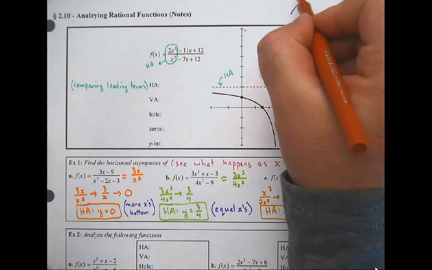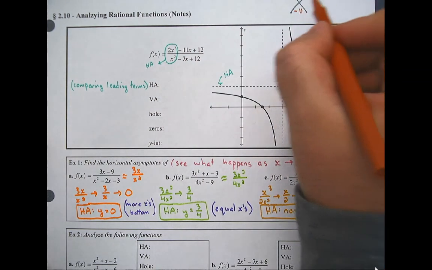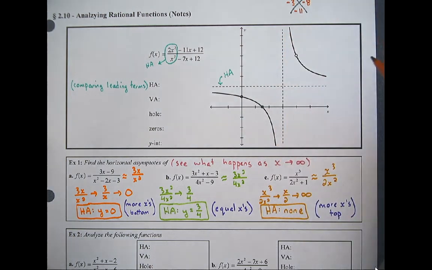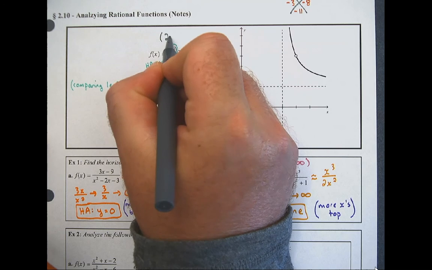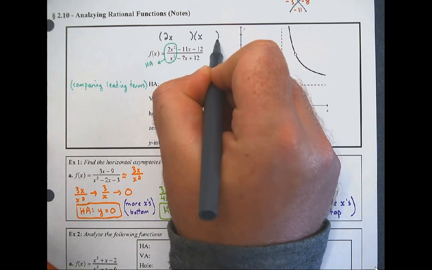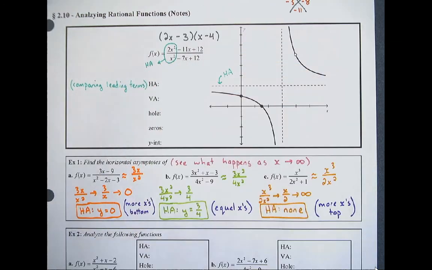2 times 12 is 24. That makes negative 11, that's negative 3 and negative 8. So the numerator factors into 2x and x. I need to make a negative 8, so that's going to be the negative 4. I need to make a negative 3.